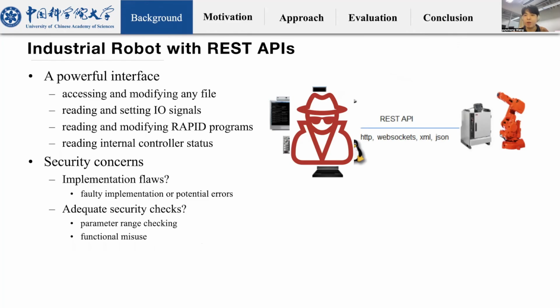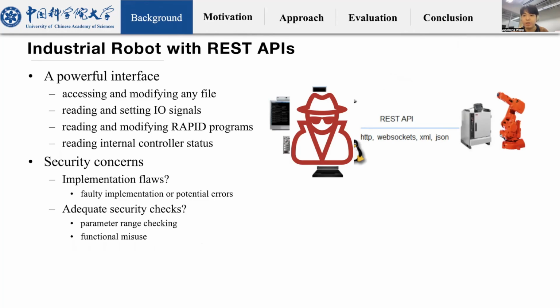Despite these powerful capabilities, security mechanisms are often lacking, and when a security issue occurs, the consequences can be severe. Since external requests directly interact with the robot controller, they have a real impact on the physical space and directly affect the robots in the field.